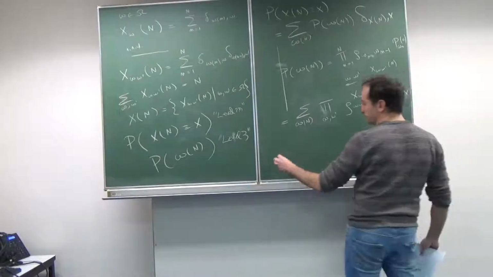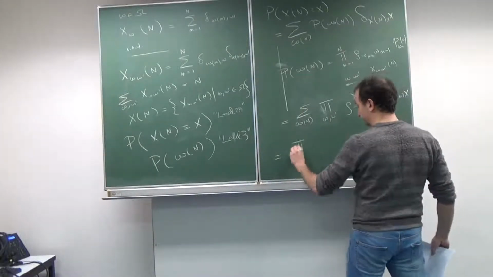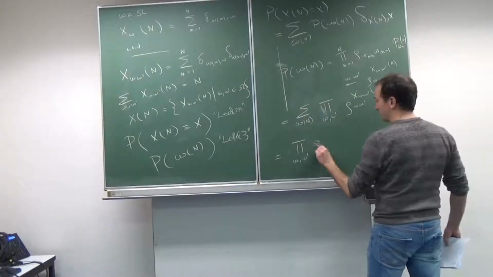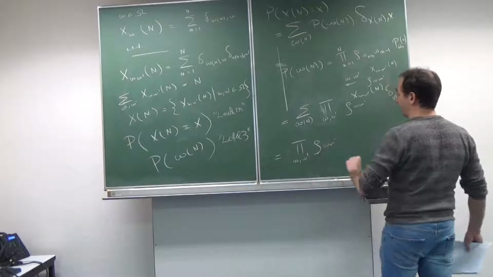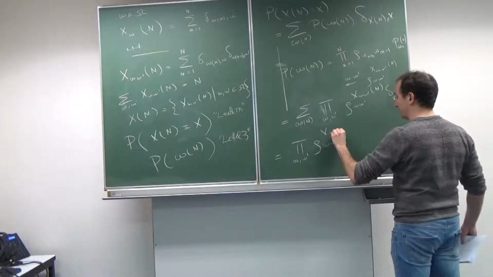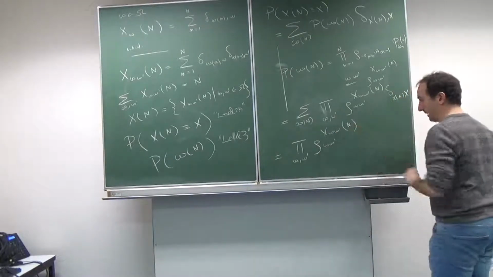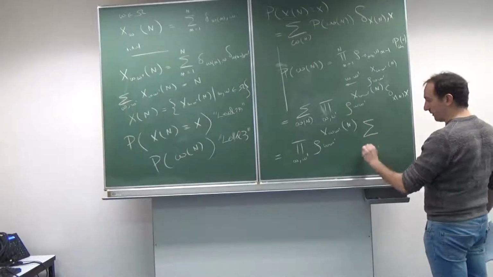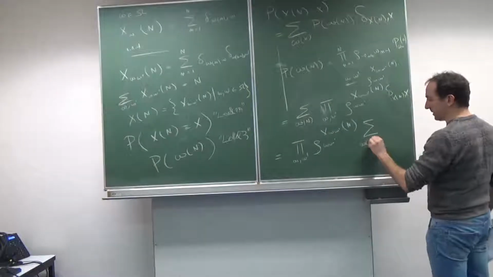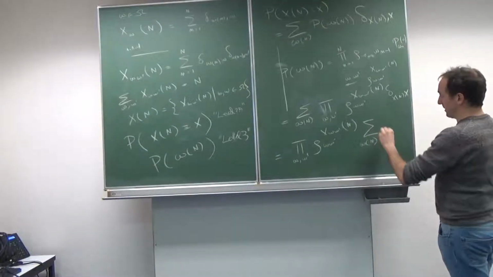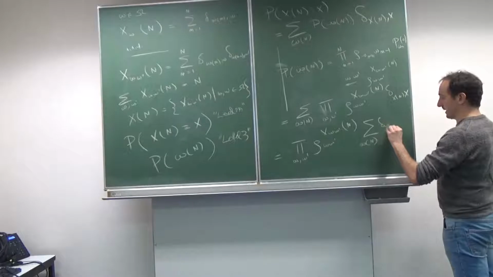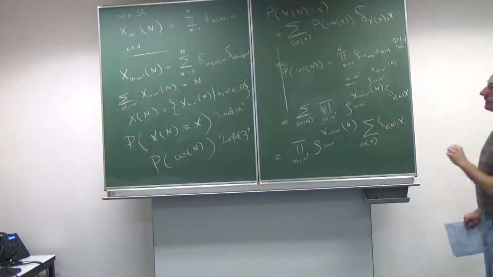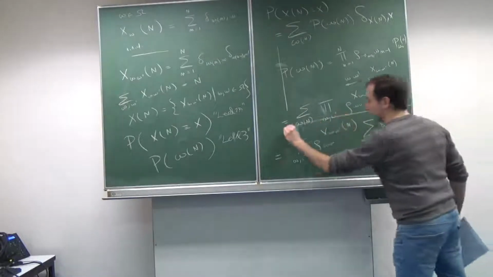So this will go like product rho omega omega prime to the x omega omega prime, and then we have a sum over all trajectories of length omega, delta x and x. Okay? So this is a very nice result.